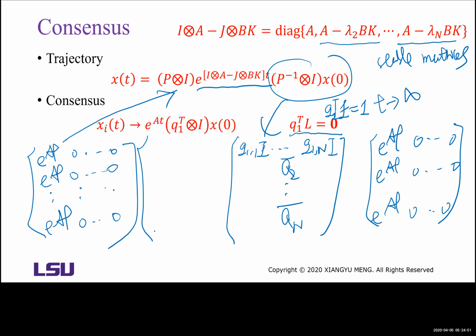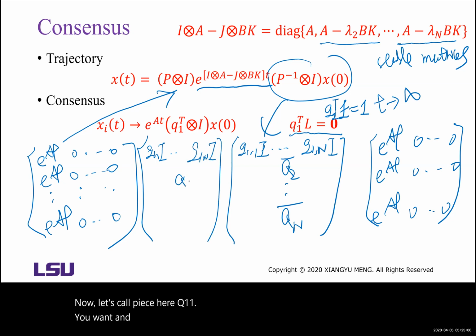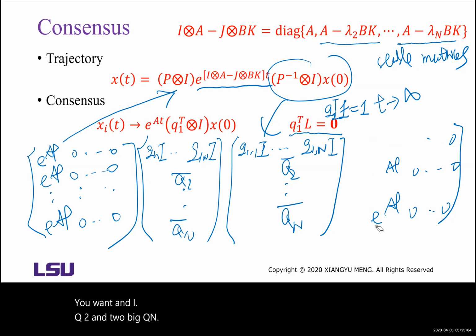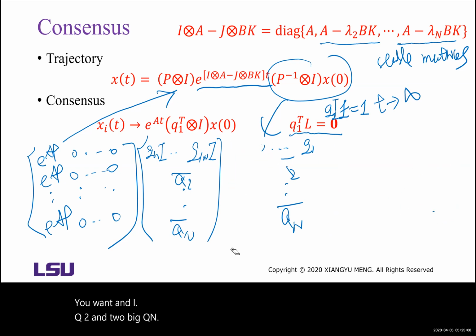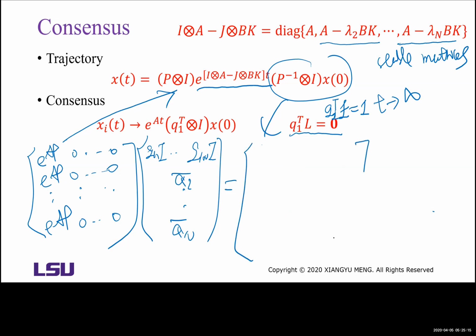Now let's copy it here. Q11 I, Q1n I, big Q2 until big Qn. Now let's see, we have Q11.